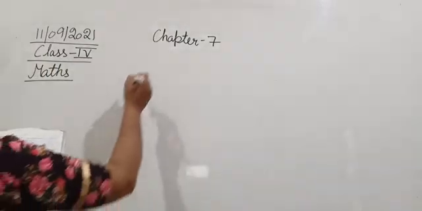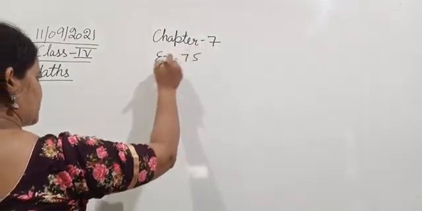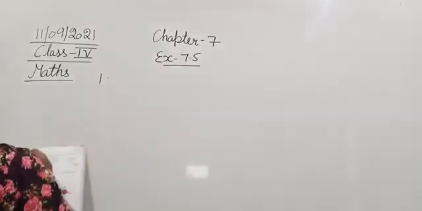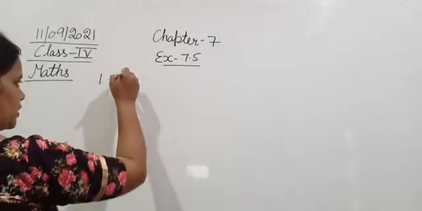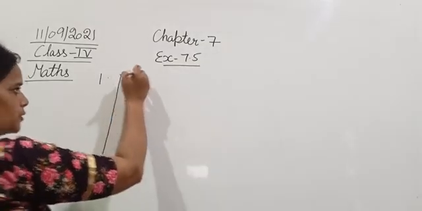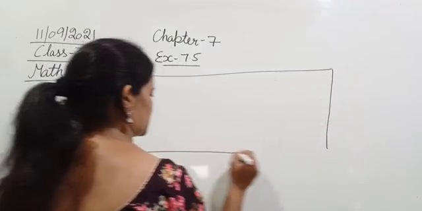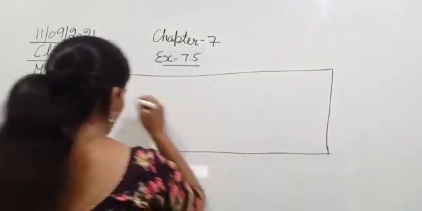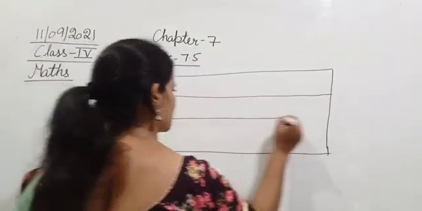So first sum, exercise 7.5, a grid is given. So 1, 2, 3, 4, 5, 6, 7, 8, 9, 10 and 1, 2, 3. Okay. So 10 rows and 3 columns is here. Okay. 1, 2 and 3.